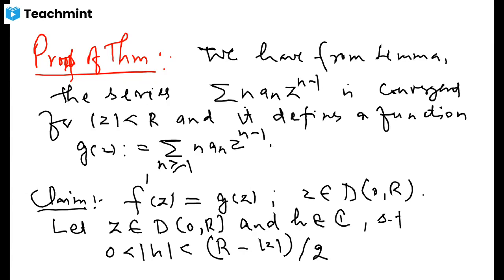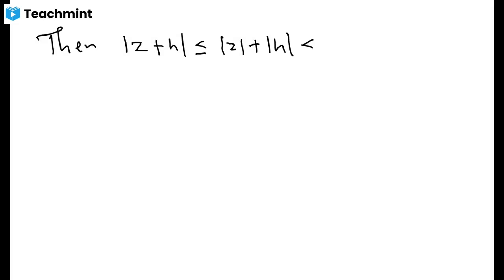Look at this. Then mod z plus h, I use the triangle inequality. It is at most mod z plus mod h, which is mod z plus r upon 2 minus mod z upon 2. I'm using the inequality that h satisfies.